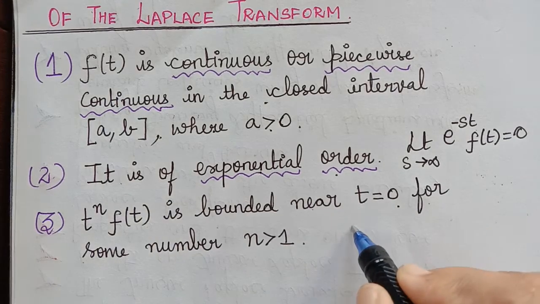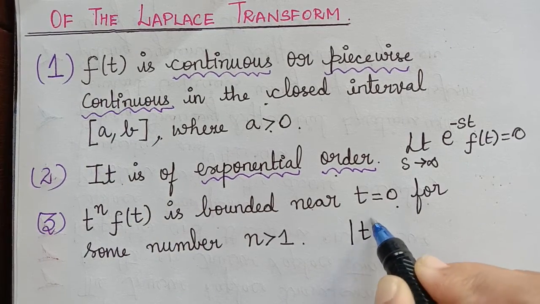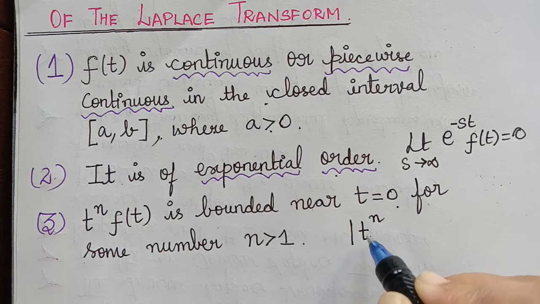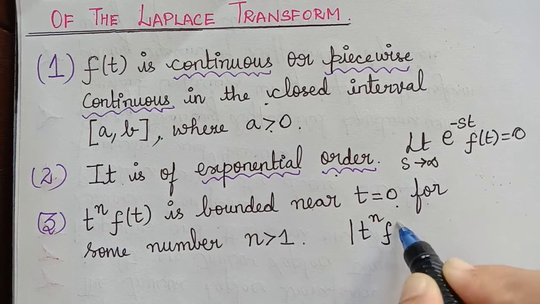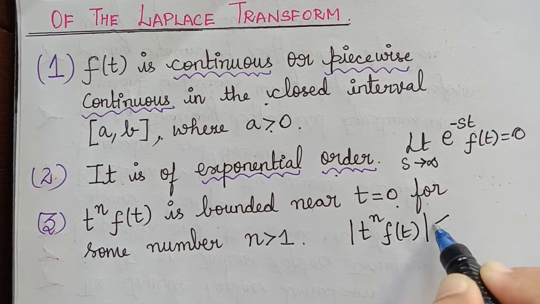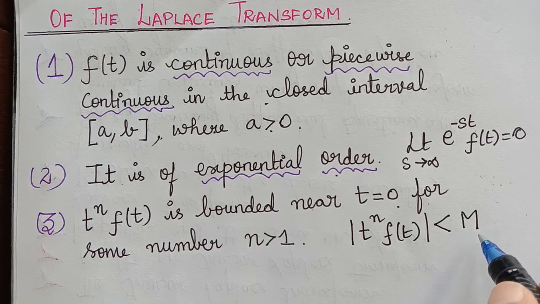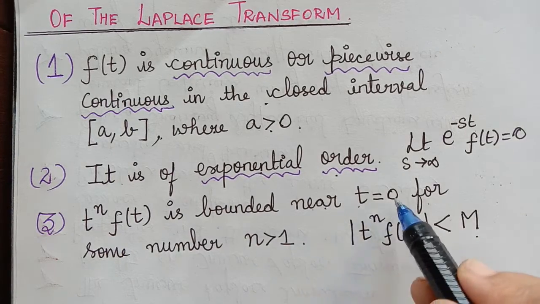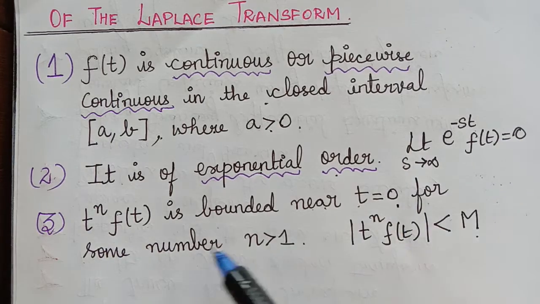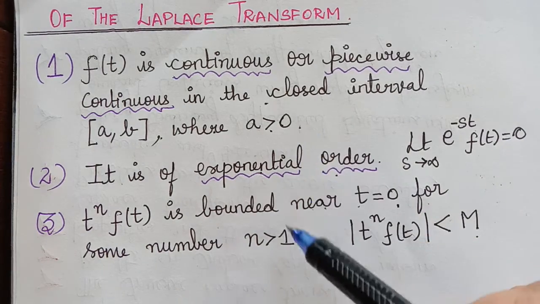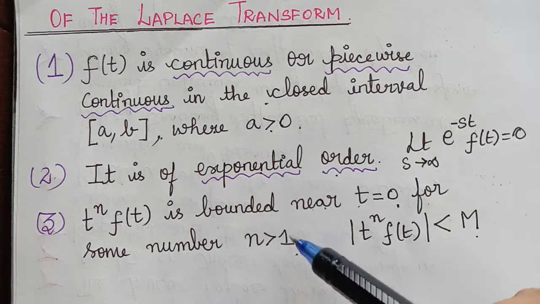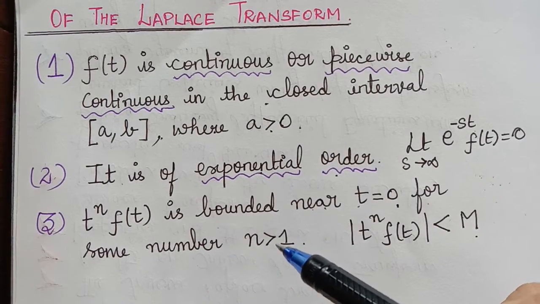Bounded means that when we take the modulus value of t to the power n f of t, it will be bounded by some value, maybe capital M, near t equal to 0. So these are the three sufficient conditions for the existence of Laplace transform.